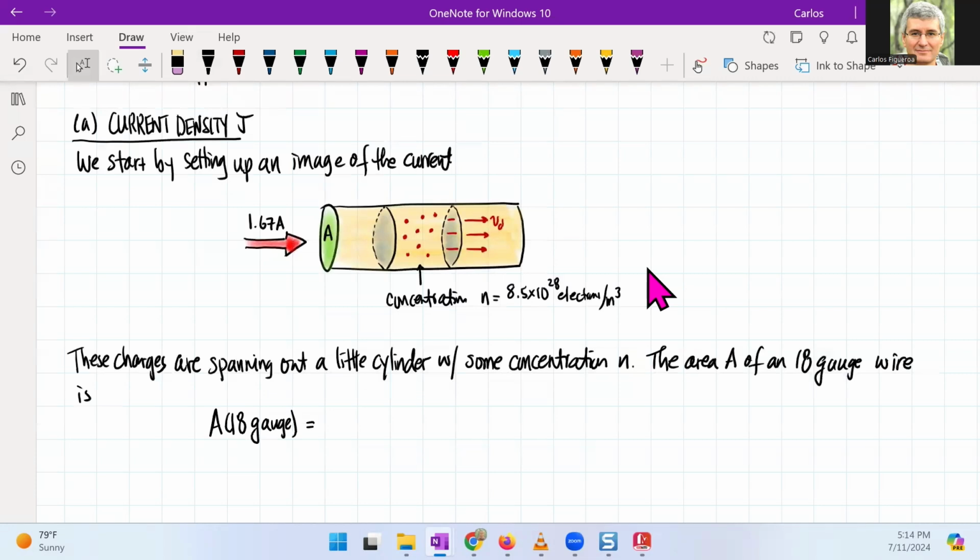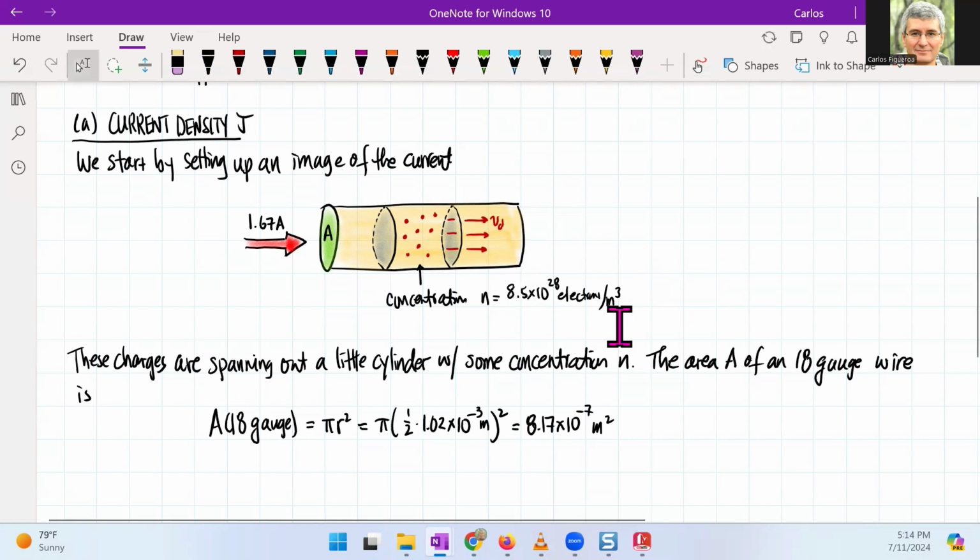The cross-sectional is of course a circle, and then they gave us the diameter, not the radius, so then this has to be 1/2 times the diameter that they gave. And if we compute this area, we get 8.17 times 10 to the -7 meters squared. And that's a tiny area, right?